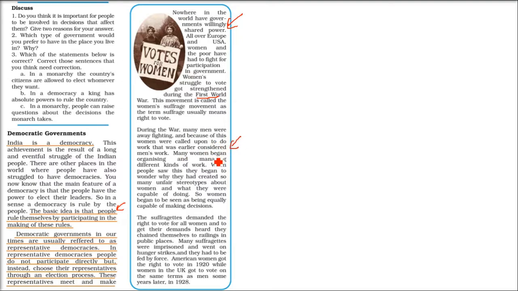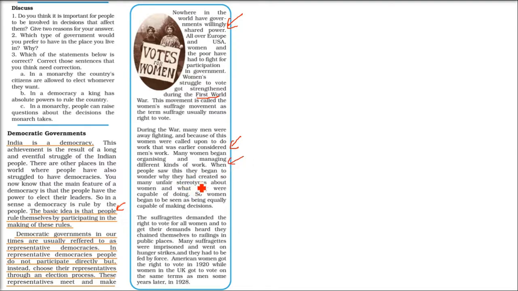But when the women came, they actually did a very good job. And people thought that women are way better workers, or as administrators, than men are. So this is how women's power came into people's notice.